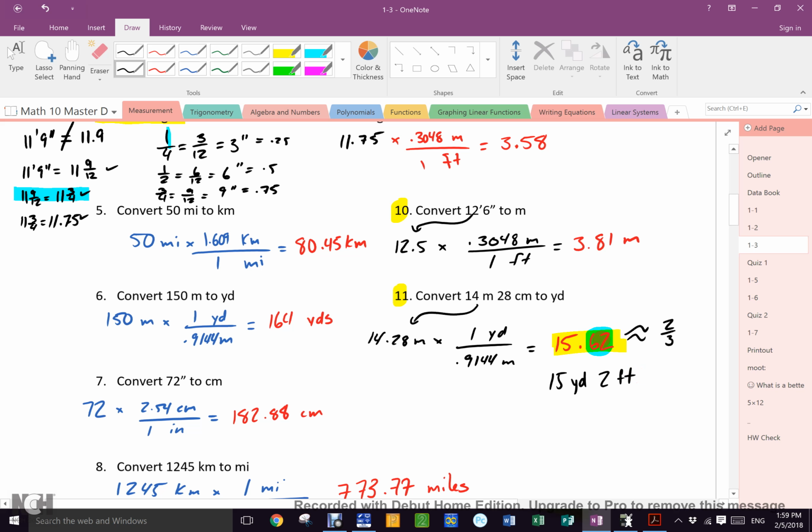You could take this 0.62 and convert that to feet, which will give you 1.86 feet. And then what would you do with that 0.86 of a foot? Convert that to inches, and you would end up with 15 yards, 1 foot, 10 inches.